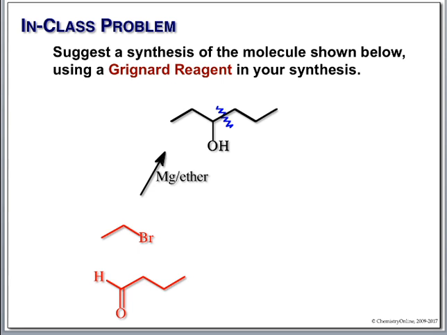So this was 1-bromopropane. The other half here, this was an aldehyde, CH2, CH3. And it simply looks like that. I assure you, after a while, this really gets to be fun. Any questions?